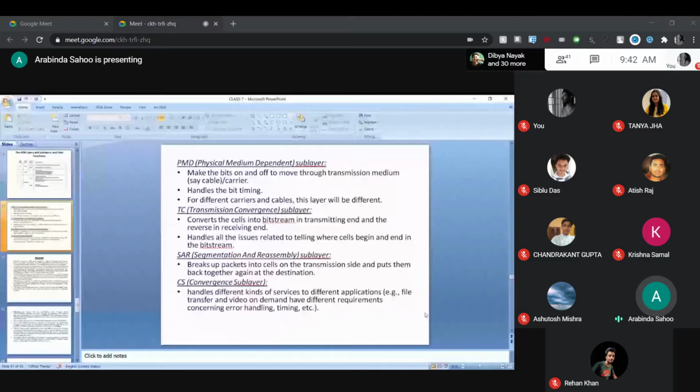For example, file transfer and video on demand have different requirements concerning error handling and timing. So these are the basic sublayers associated with the layers of the ATM reference model.